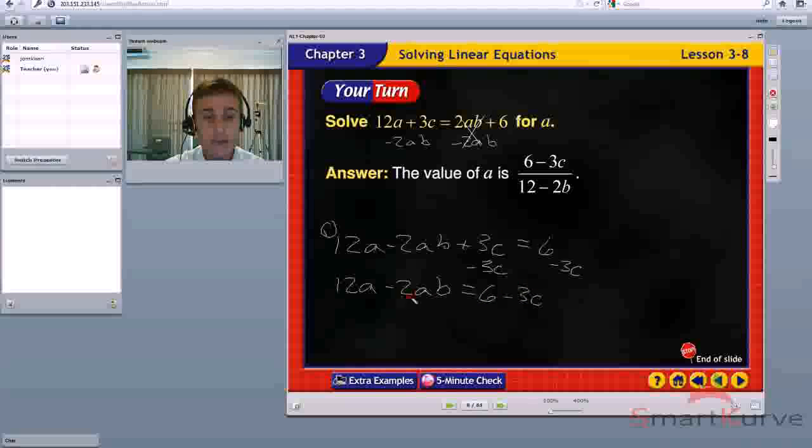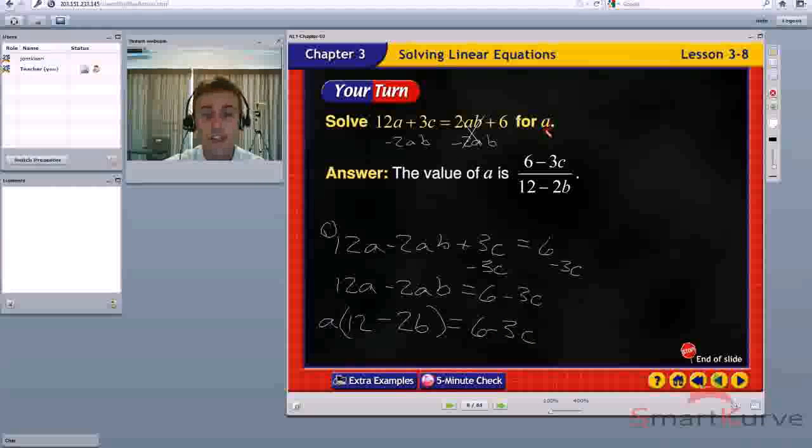Now what we need to do is use the distributive property to find this a. So we take out the a from this equation. If we take out the a, 12a divided by a is 12, 2ab divided by a is minus 2b, equals 6 minus 3c.